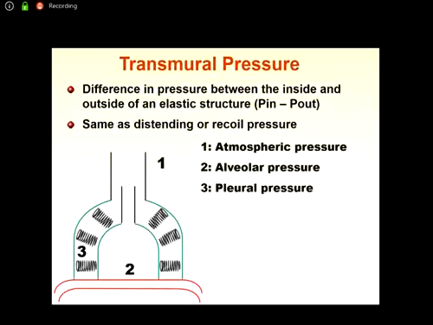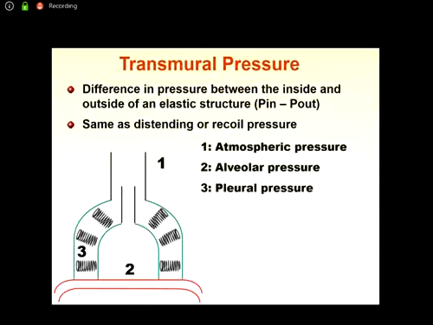Okay. So here we have number one, the atmospheric pressure, which is the pressure that we are in the middle of. It is measured in millimeters of mercury, about 760 millimeters of mercury. It depends on the temperature and so on, but it's roughly 760. Number 2 is the alveolar pressure, which is usually equal, at rest, to the atmospheric pressure, 760.